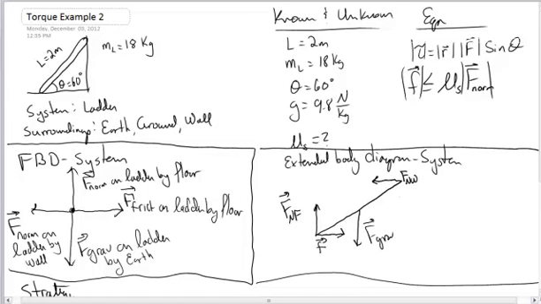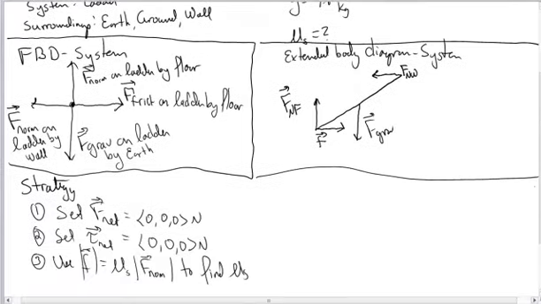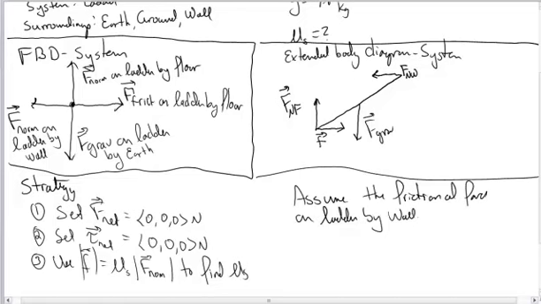Now, in real life, we should actually have a frictional force here pushing up on that ladder. But for simplicity, I'm going to go ahead and assume the frictional force on the ladder by the wall is much, much smaller than F_N, the normal force on the ladder by the floor.